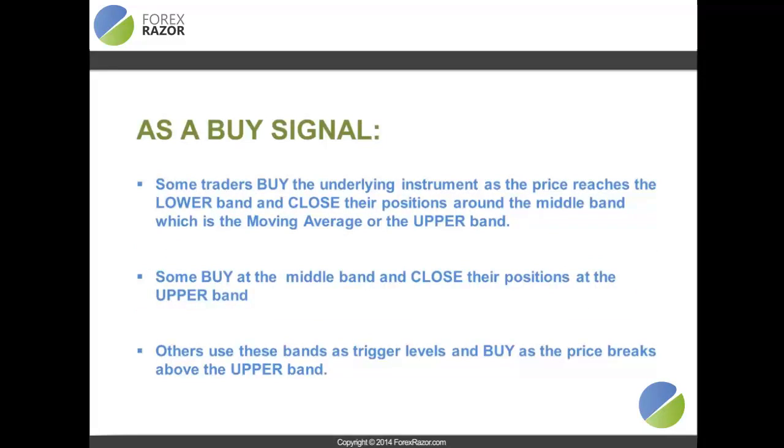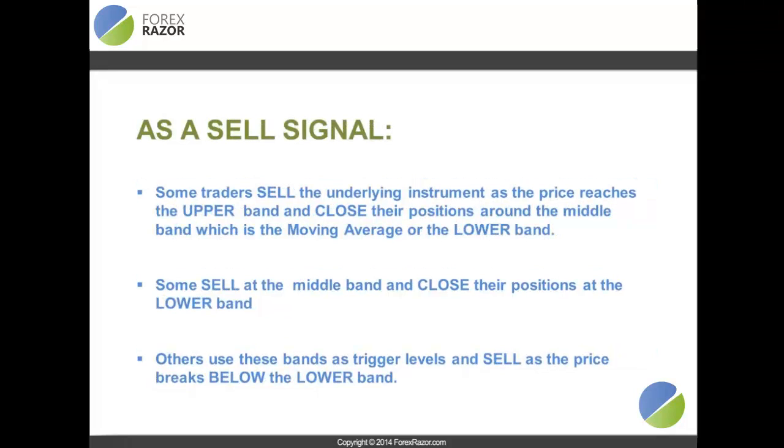They can even scale their already long positions on the underlying instrument near the moving average and then close all their positions as the price reaches the upper Bollinger Band level. Others use these bands as trigger levels and buy the underlying instrument as the price breaks above the upper Bollinger Band.